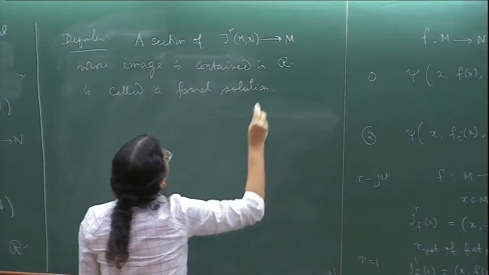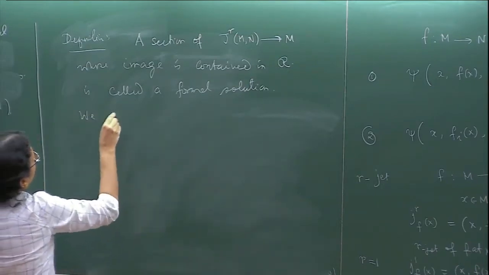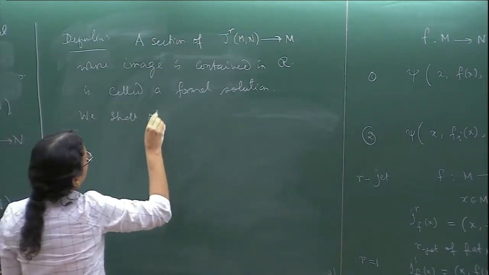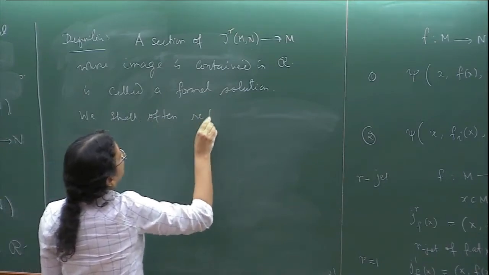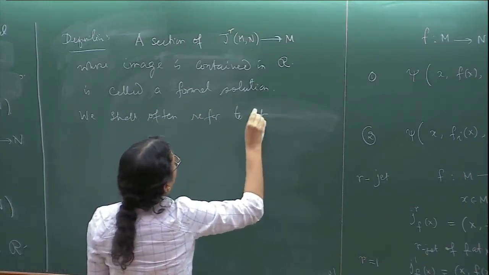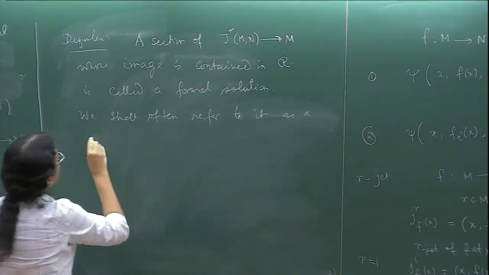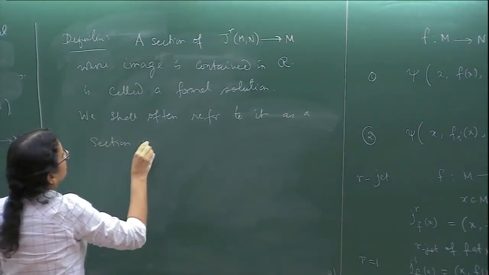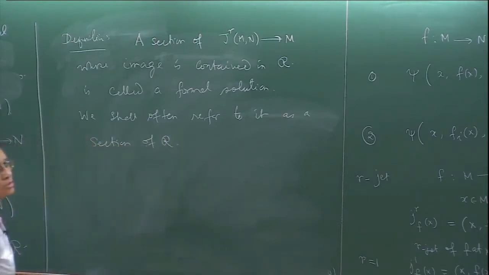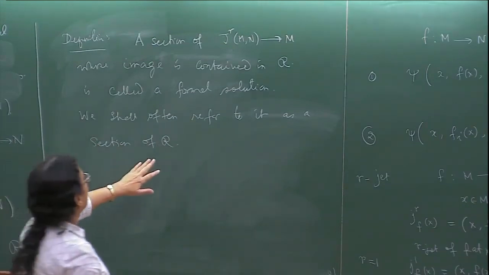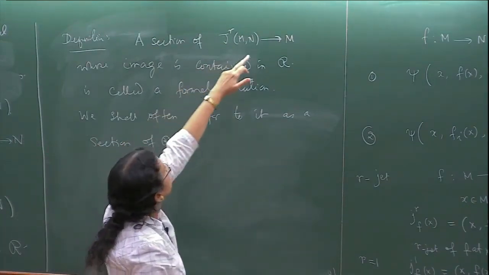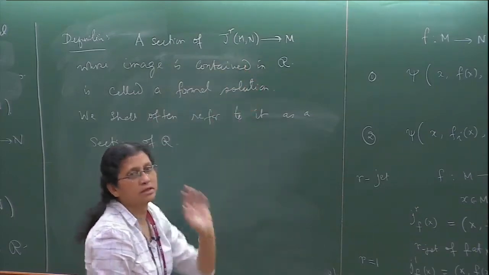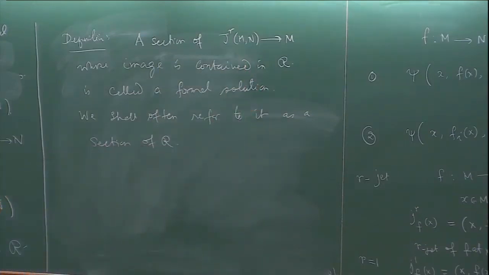We shall often refer to it as a section of R. R is not a bundle, so it is not usually said that it is a section of R, but here it is a section of the jet bundle whose image is contained in R. So these are the three things that we derive from this setup.